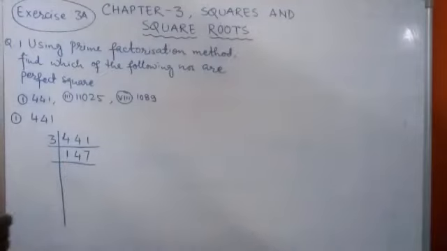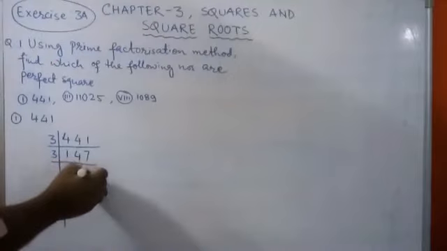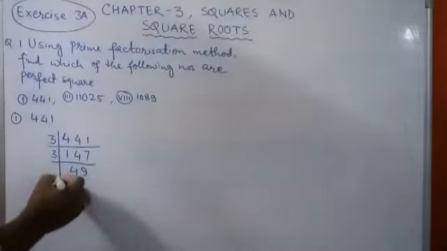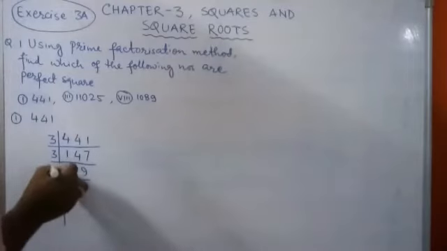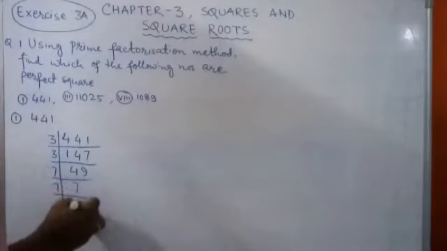Again, 3 fours are 12, 3 nines are 27. Now 49 is to be divided by 7. 7 sevens are 49 and 7 ones are 7.